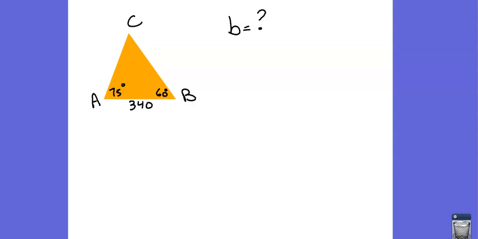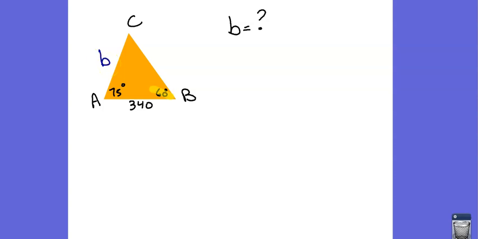All right, so on this problem, you're trying to find side B. Whenever you use the law of sines, you want to notice something that you do know. I know angle B, and I'm trying to find side B. Keep that in mind.